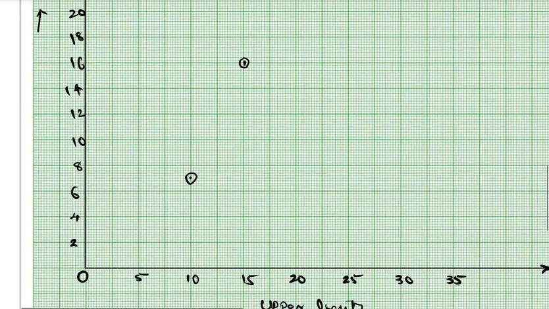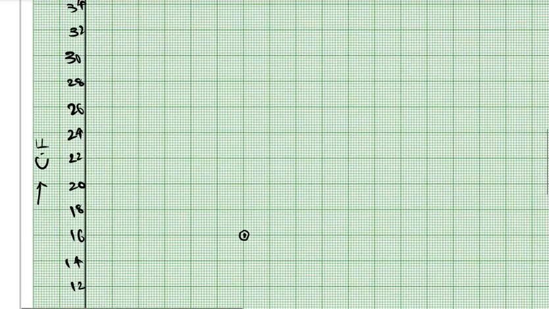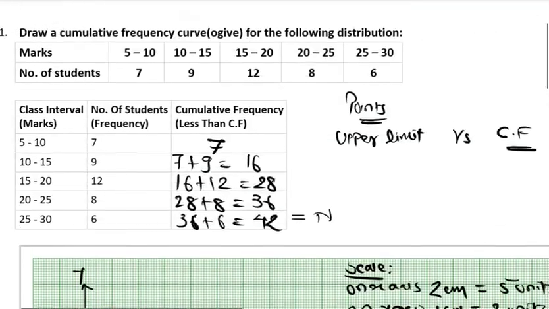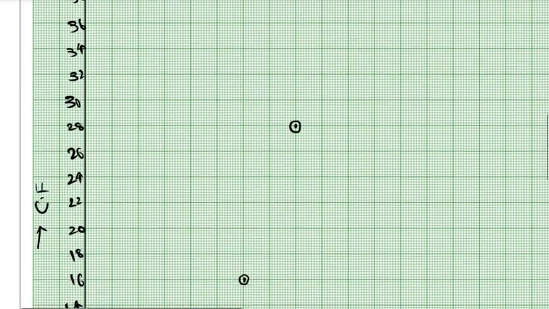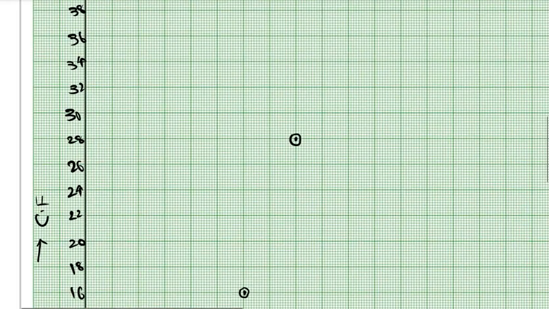Next, 20 versus 28. This is the line of 20. It meets over here. Let me draw a point over here. Then 25 versus 36. This is the line of 25 versus 36.